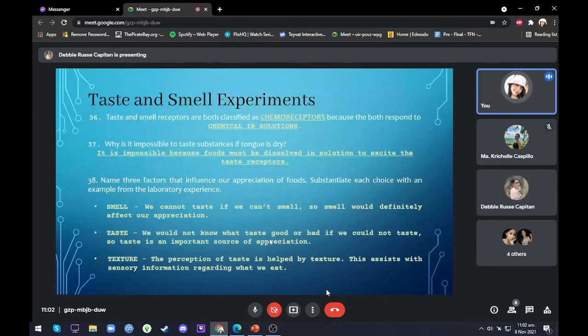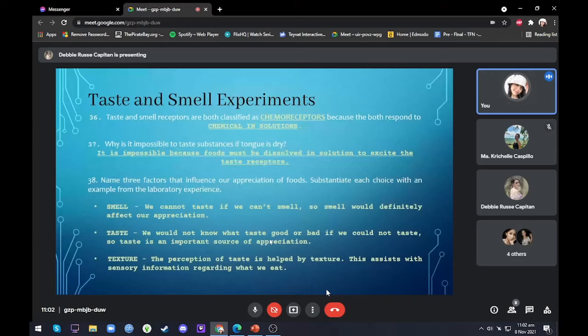Taste and smell receptors are both classified as chemoreceptors because they both respond to chemicals in solution. Number 37. Why is it impossible to taste substances if the tongue is dry? It is impossible because foods must be dissolved in solution to excite the taste receptors.